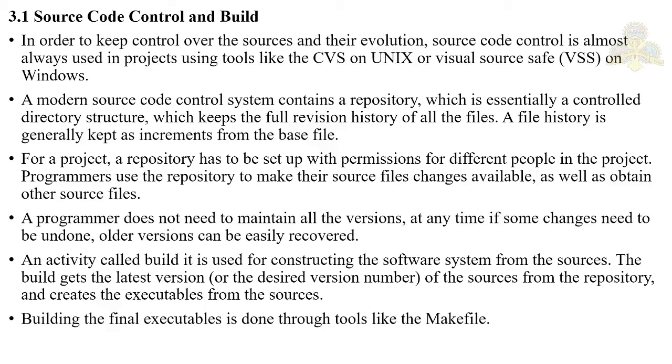In a project, we will have many different people developing the source code. It is not the case that we have only one developer. We will have many developers, and they will code different functionalities, so they will have multiple source codes. Each developer will have his own source code.